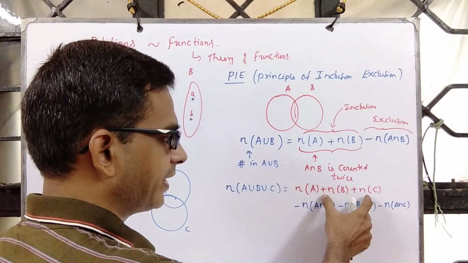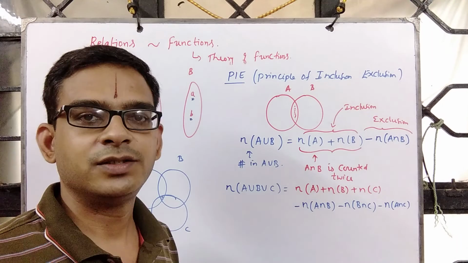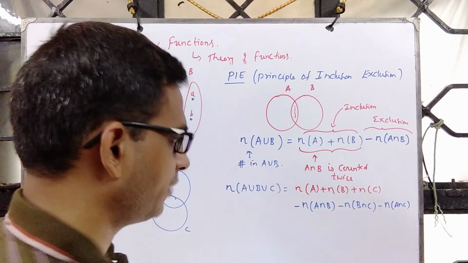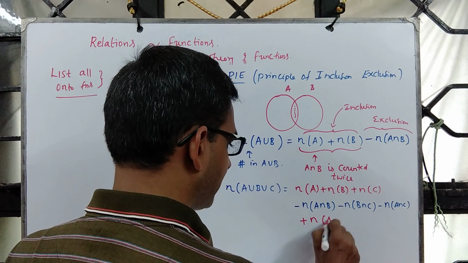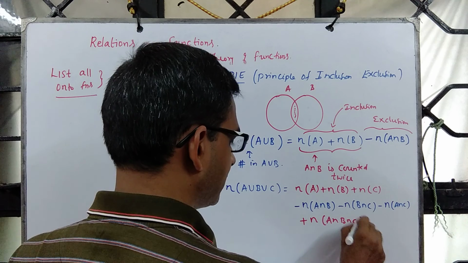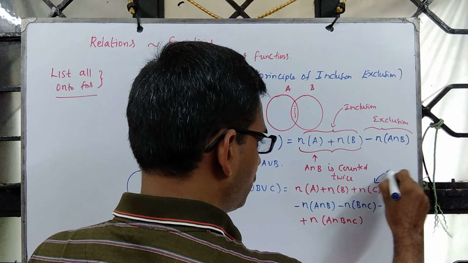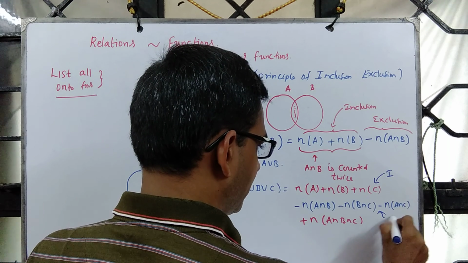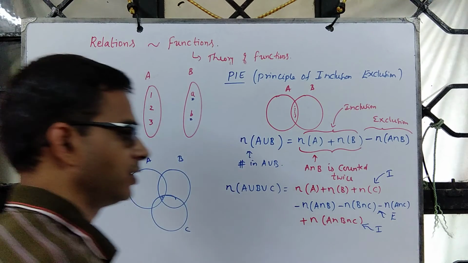In some sense it's like plus 3, minus 3, the count of that is 0. It's completely removed from the counting. So add back A intersection B intersection C. So this one is called inclusion, this one is exclusion, this one is inclusion.